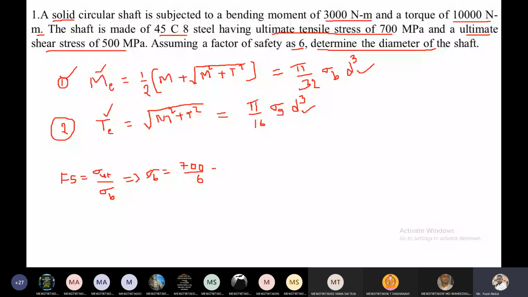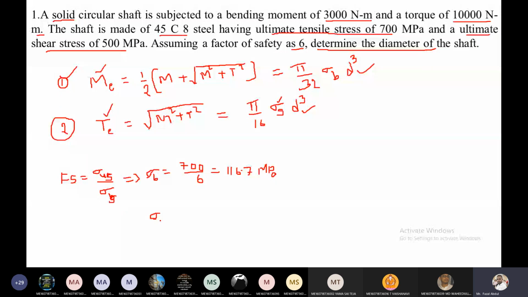116.7 megapascal. Similarly, tell me the sigma s value with the same equation. Factor of safety is equal to ultimate shear stress, instead of tensile, by the working shear stress. Now, what is the shear stress here?